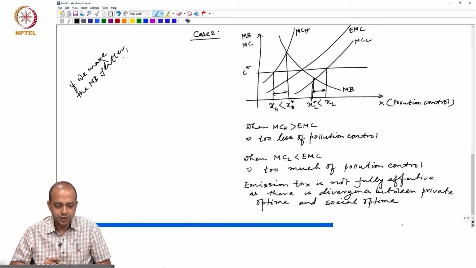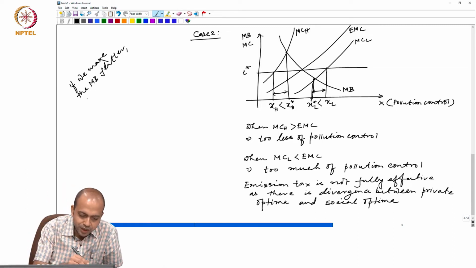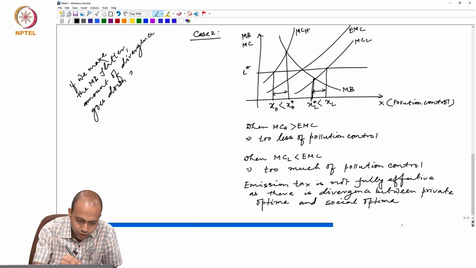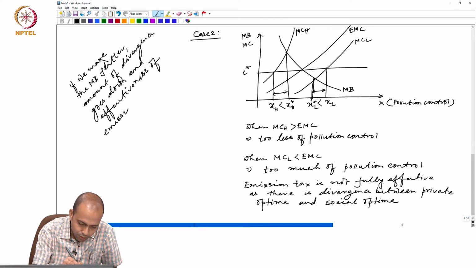If we make the MB flatter, the amount of divergence goes down and the effectiveness of the emission tax increases.